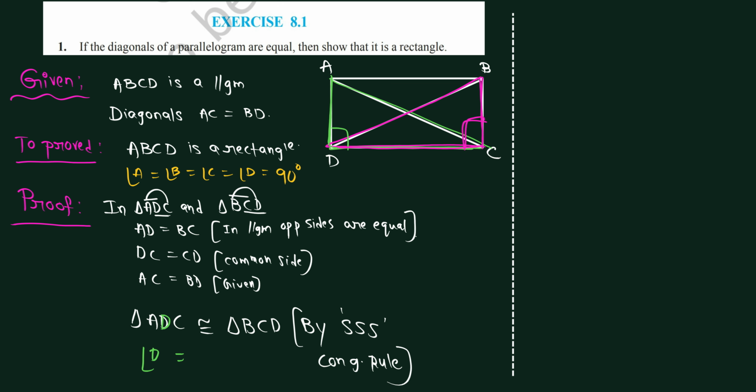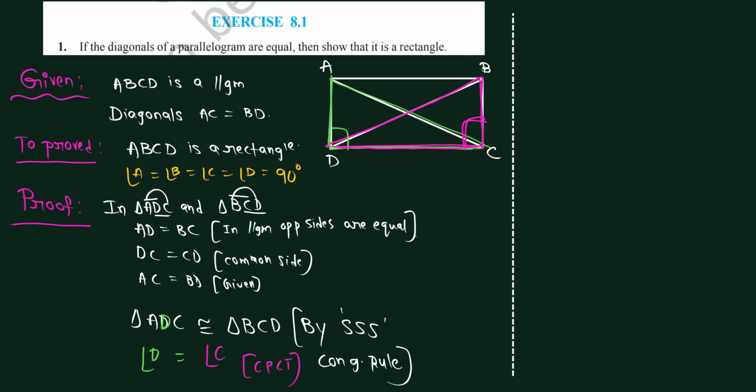Can I write this as angle D equal to angle C? Why are these two equal? By CPCT, corresponding parts of congruent triangles are equal. Already you know that in a parallelogram the sum of adjacent angles is equal to 180 degrees. It is already given as a parallelogram, and we need to prove it is a rectangle.